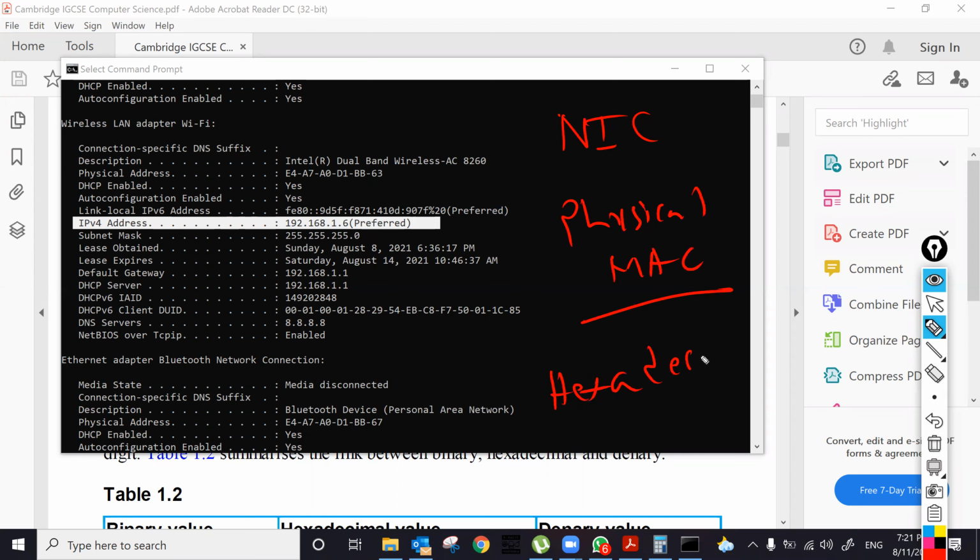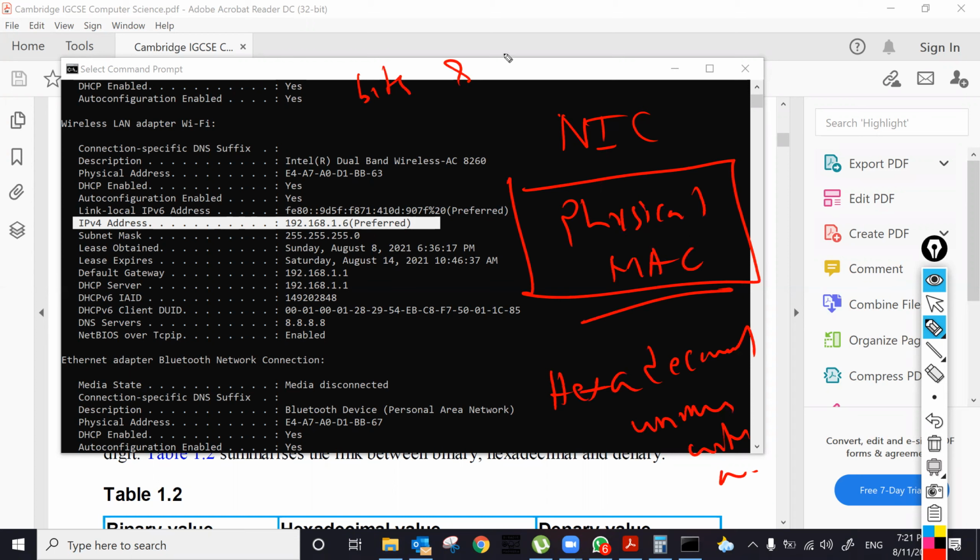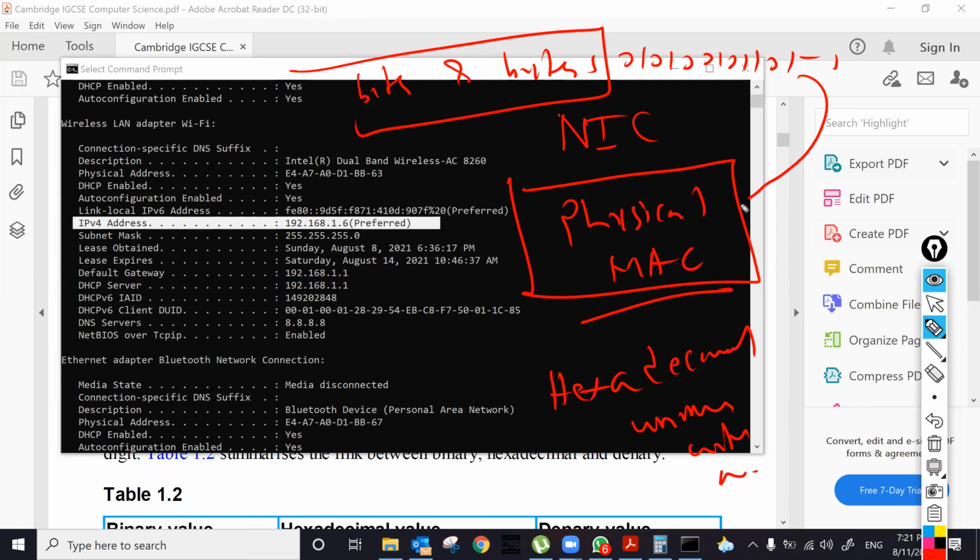This hexadecimal number is unique compared with other network interface cards. When you transfer data, bits and bytes in data communication, you are transferring bits and bytes from the internet into this network interface card.